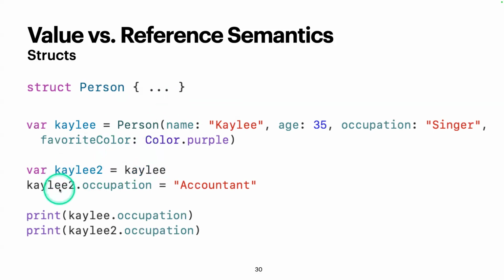Then on Kaylee2, we're changing Kaylee2's occupation to this value with the string count. So can someone tell me what these two print statements will print? We're printing Kaylee's occupation and Kaylee2's occupation. Does anyone know what will happen here? Any brave souls? Yes.